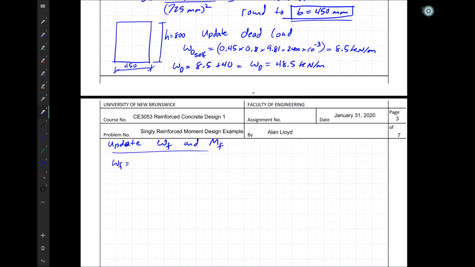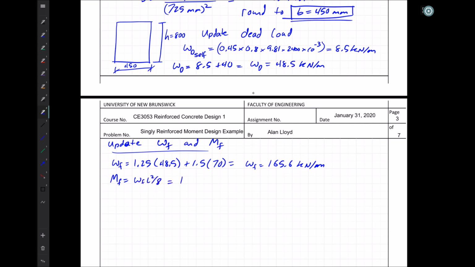WF is now going to be equal to 1.25 times W dead, 48.5, plus 1.5 times WL, 70. And that's going to be equal to a value of 165.6 kilonewtons per meter. And our factored moment MF is WF L squared over 8.